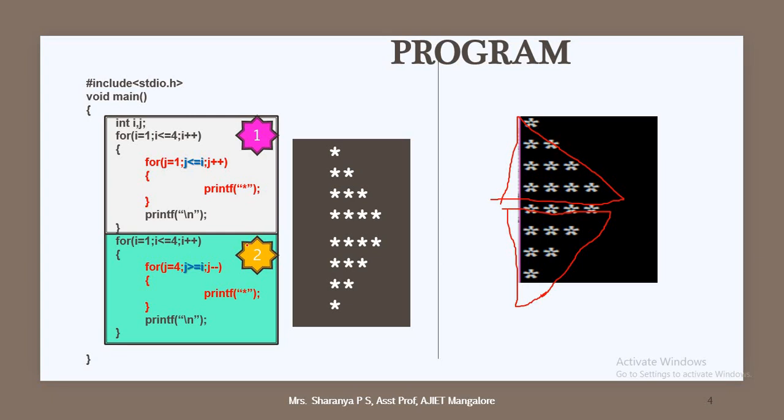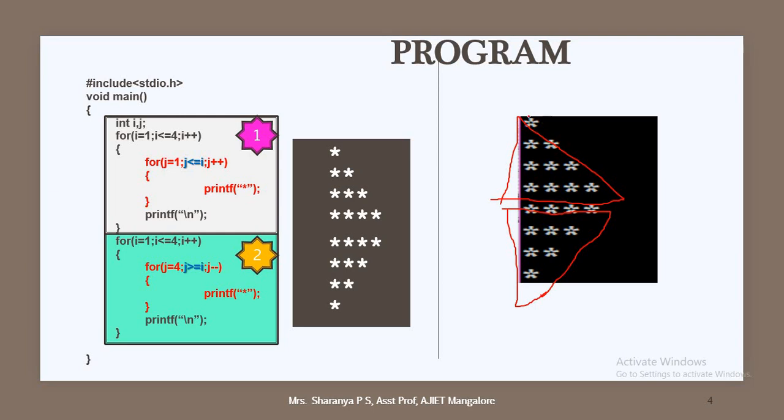The code is very simple. We just need to combine the 2 programs we have come across. Here, it indicates clearly that the loop is incremented till 4, starting with 1. So the condition is I equal to 1, I less than or equal to 4. And what is the one more condition with the J loop, the inner loop?